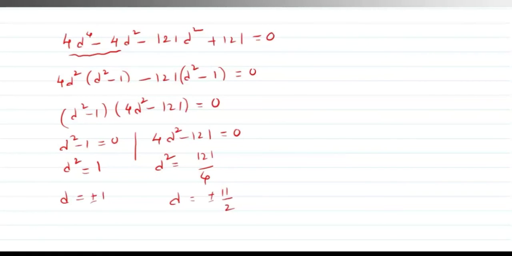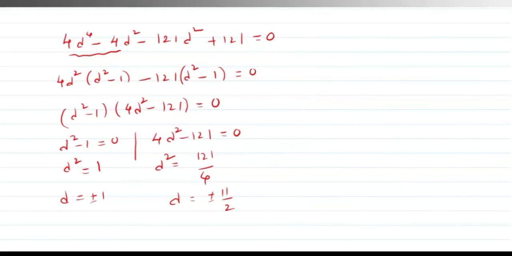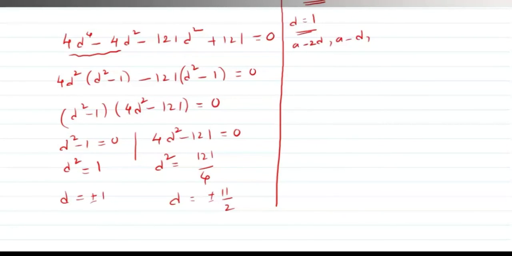See, in the question he has given very clearly, one of the numbers should be minus 1 by 2. Out of 5 numbers, one number should be minus 1 by 2. So now check the values we get for this. Already we have a is equal to 5. Now if d is equal to 1, the numbers are a minus 2d, a minus d, a, a plus d, a plus 2d.